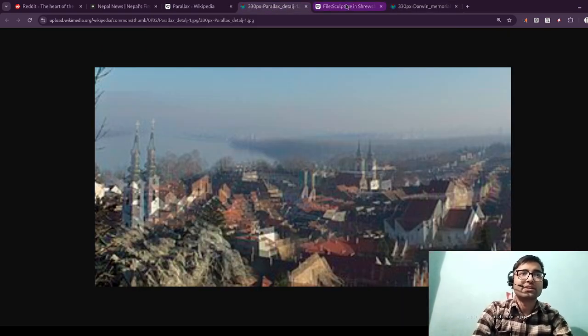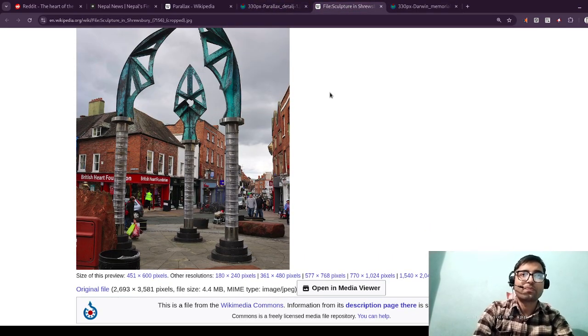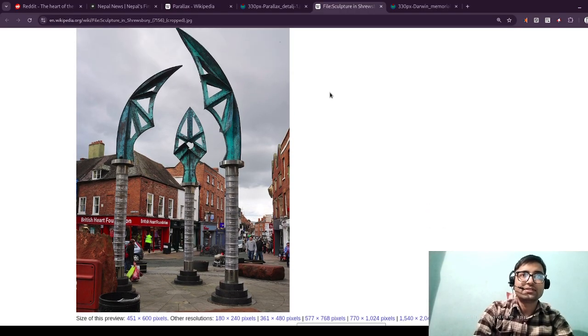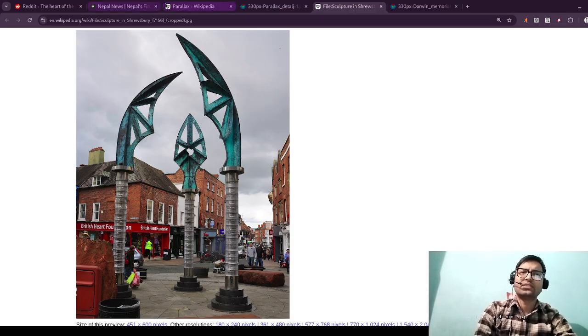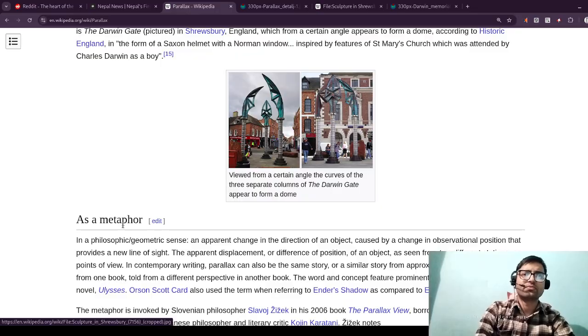Same picture, sorry, same picture from a different angle, a different plane of sight. It is different, it's not like a dome. It is much longer and this appears to be straight. This appears to be slightly shorter and more curved. Yeah, a different effect from a different point of view.